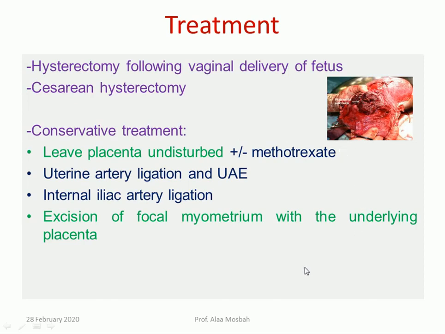If the patient wants to keep the uterus, the condition is not severe, it is grade 1, and the patient didn't complete her family, we can try conservative treatment. Either we leave the placenta inside for spontaneous resorption, with or without methotrexate, with uterine artery ligation and uterine artery embolization or internal iliac artery ligation.